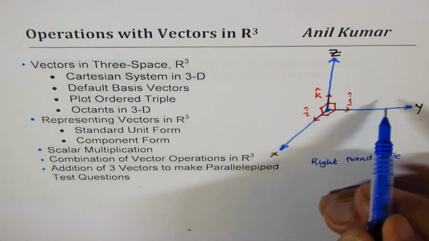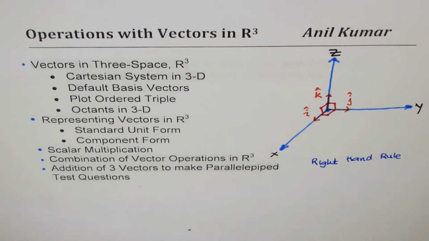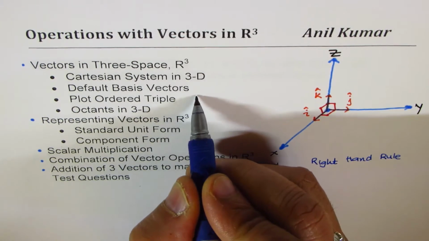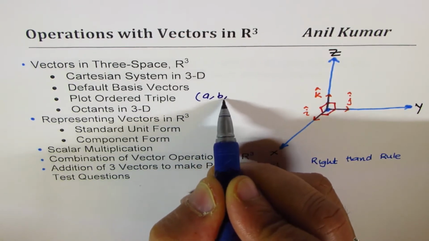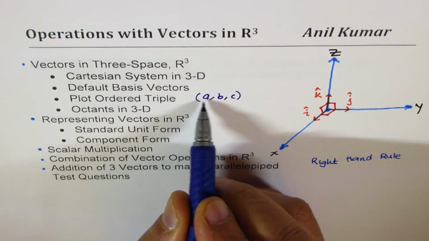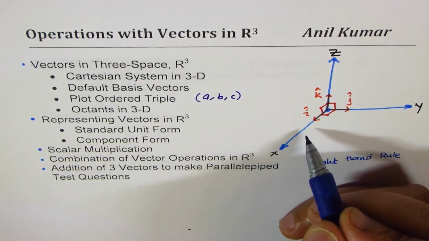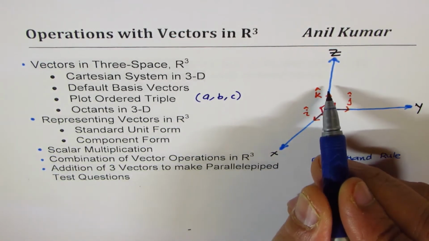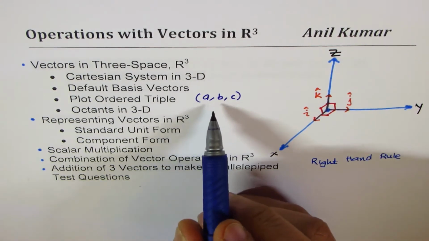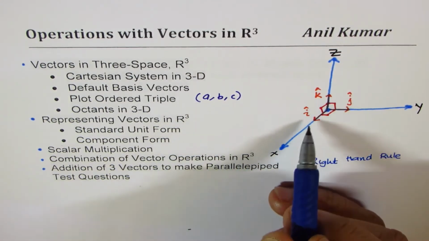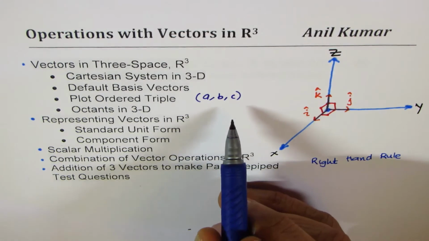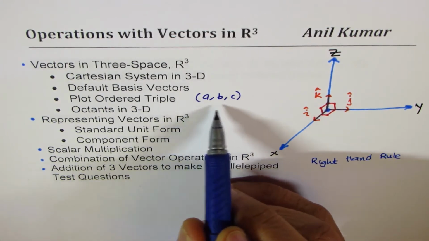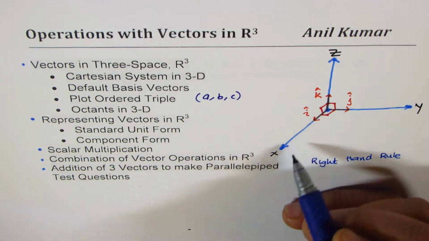Any point here could be given as a coordinate point (a, b, c), where a is along x, b is along y, and c is along z. So these are multiples of i, j, k, the components along i, j, k.